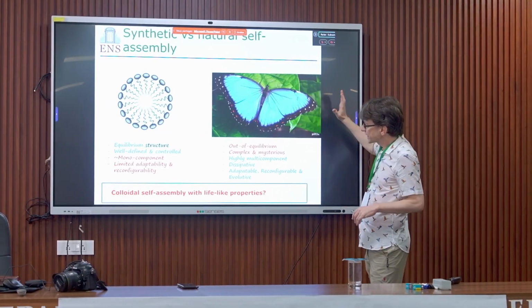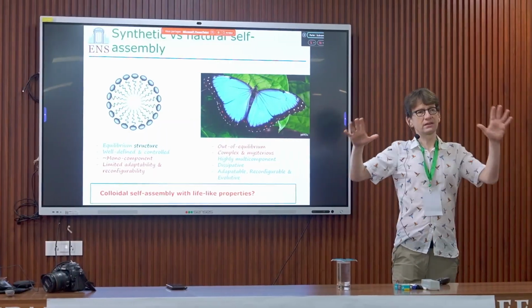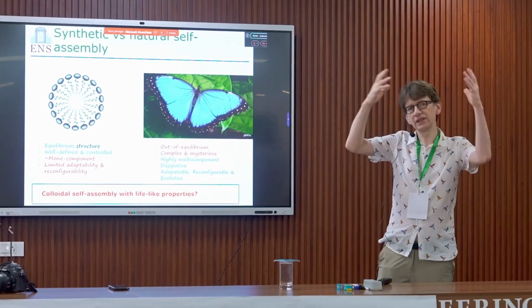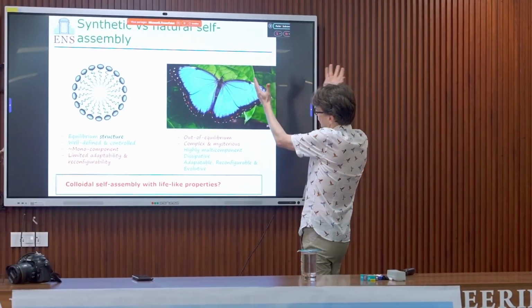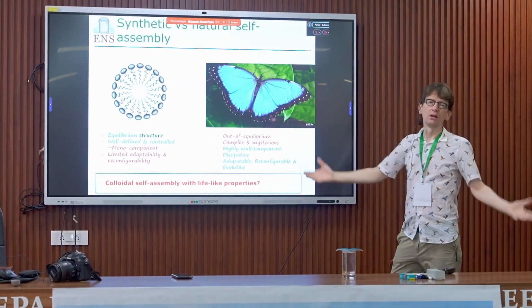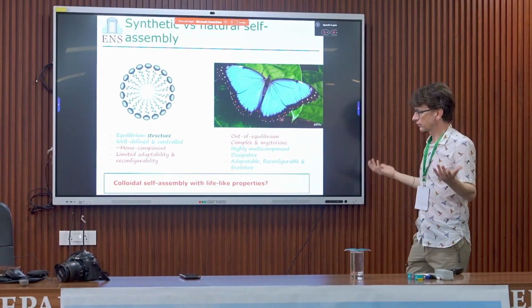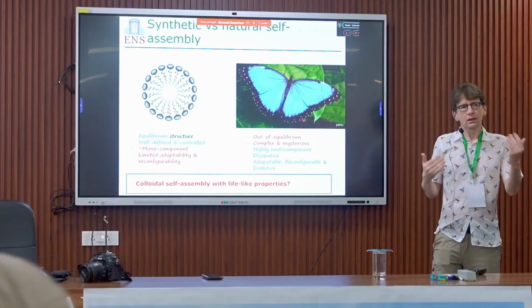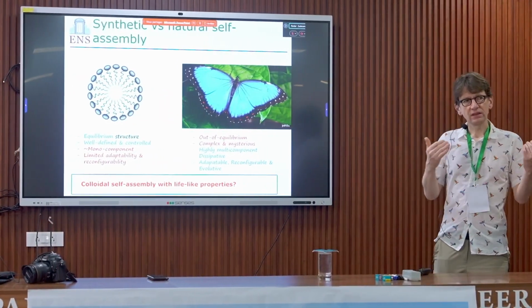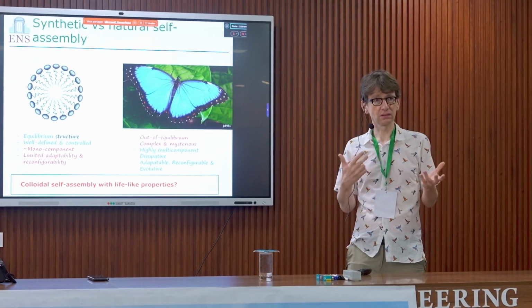So living systems are out of equilibrium, and we can consider them as quite complex and mysterious. There are so many things. Even in a butterfly, if you start to go inside the butterfly, you will see something extremely complex. But there are some quite interesting properties. Dissipativeness: they can consume energy to be maintained in such a state, but this makes it possible to be highly dynamic and reconfigurable.